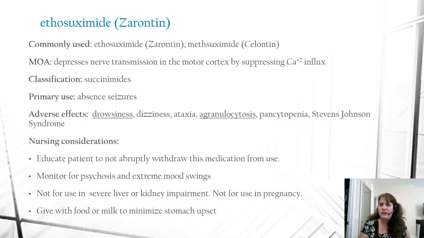This is the preferred drug for treatment of absence seizures. So I want to call attention to the change in mechanism of action here from the other agents that we discussed previously. So with this, you have that depression of the nerve transmission by suppressing the calcium influx into that presynaptic neuronal cell.